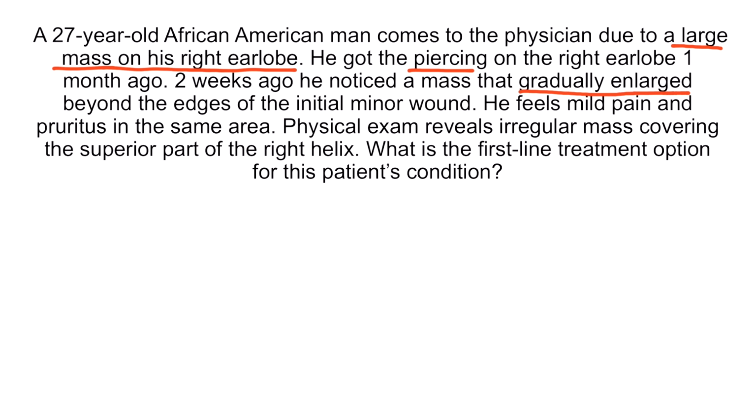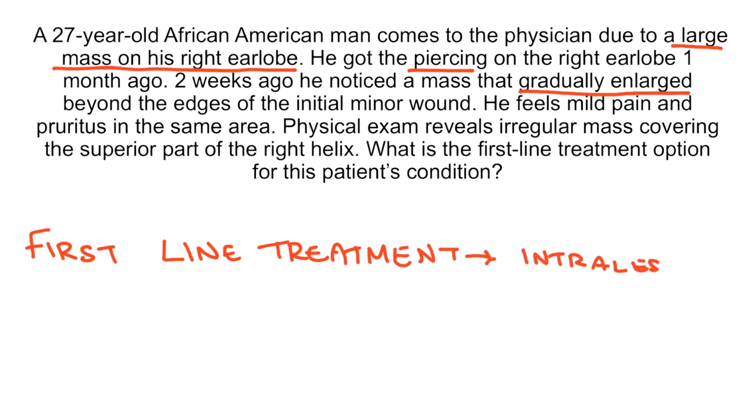And you may remember that you can diagnose a keloid just clinically. And if there's any concern or question, then you can biopsy it, but you can be pretty comfortable that this is a keloid just by looking at it. Okay, what was the first line treatment? Intralesional corticosteroids. And recall that those work because they decrease fibroblast activity and they decrease collagen synthesis. So it helps shrink that scar tissue.